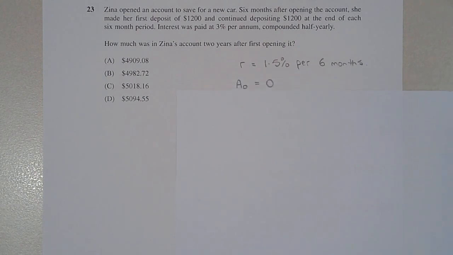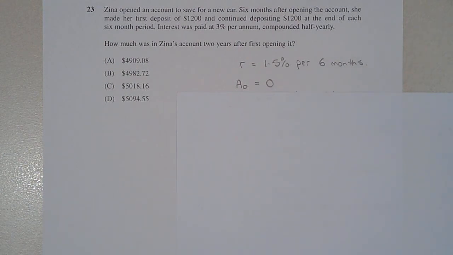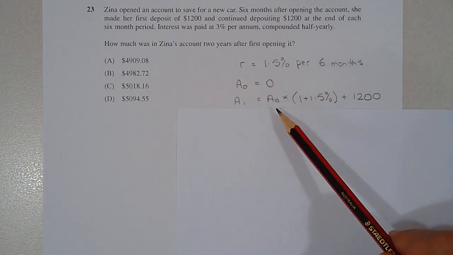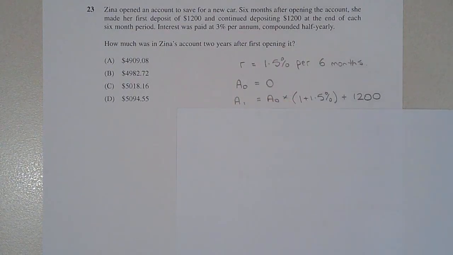So let's start off with A0, which is the amount that Zena has in her account right at the very beginning. So she has nothing in that account. Now, at the end of the first 6-month period, or the first half year, we take whatever we have in the previous period, and we know that A0 represents $0.